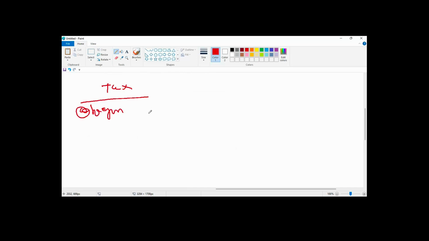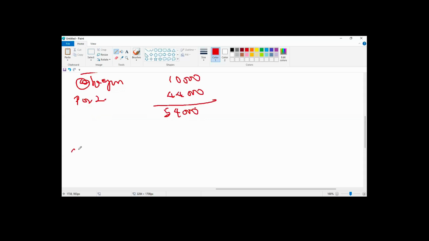At the beginning, what is the tax? 10,000. 9,000. P or L? At the end. 40. Page 14.